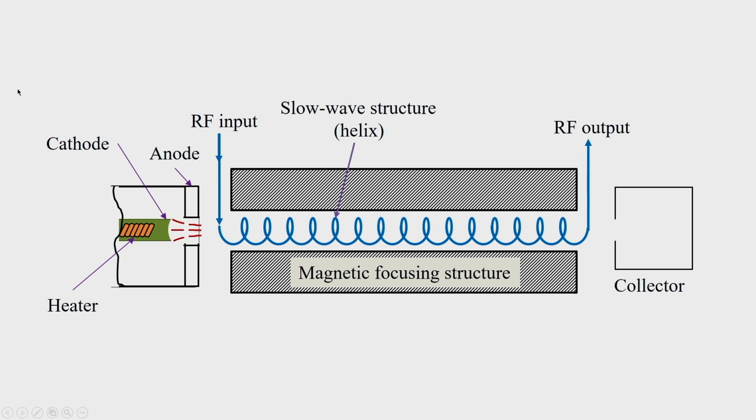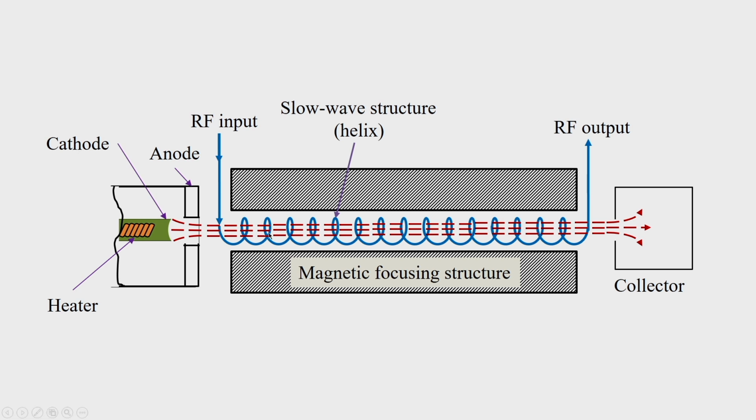We are not showing the biasing arrangements here. The anode accelerates the electron, and then this beam of electrons enters the slow wave structure, and RF input is provided here, which sets up the wave in this slow wave structure.